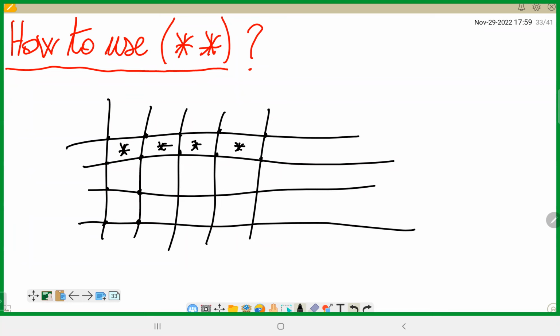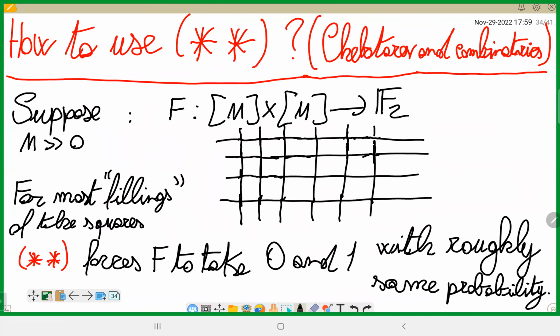And that doesn't determine uniquely the function, so you're not able to say something about the function, but the key idea is that for most fillings of the squares, every single function that sums with that filling is balanced. So in particular, there exists one way to fill these squares in such a way that this is true, that you take value 0 and 1 with roughly the same probability. You can make this quantitative in terms of m, and that's essentially the idea of how to use star-star.